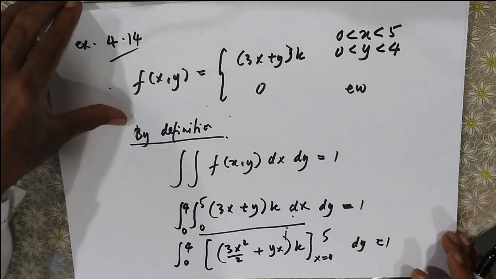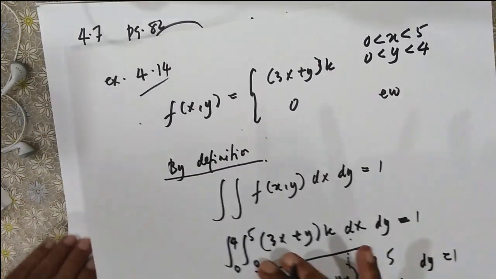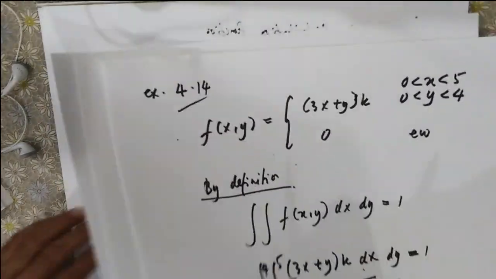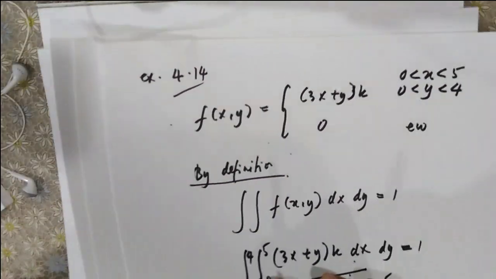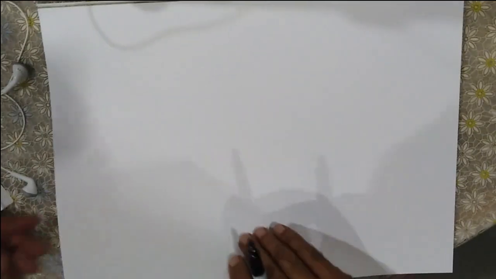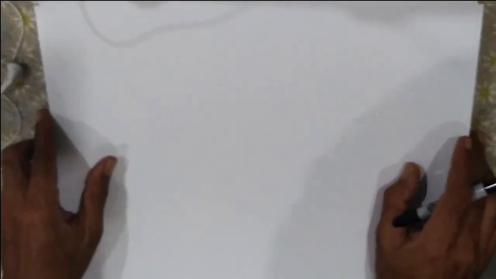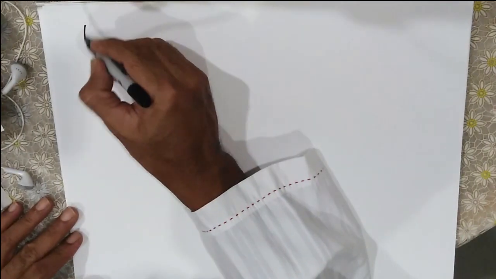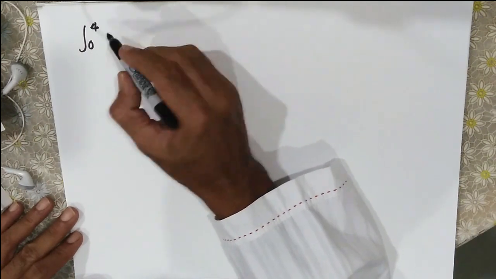So if I integrate here, now from 0 to 4, the integration there is what I have integrated already.